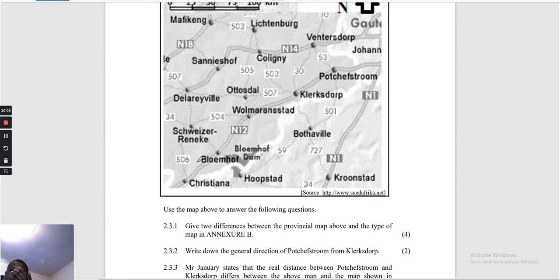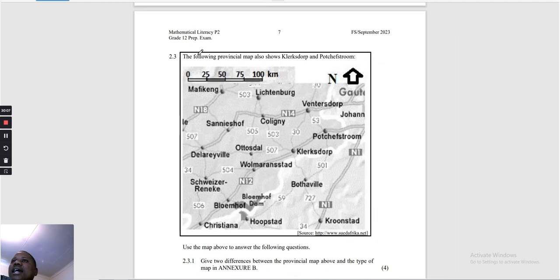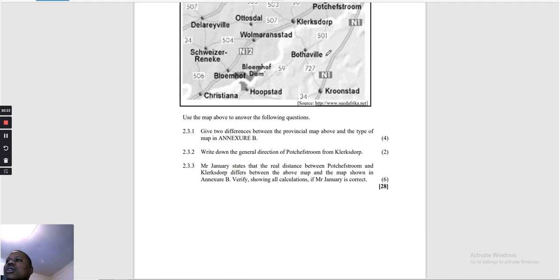Okay, 2.3. In 2.3 they are saying the following provincial map, this one is a provincial map, also shows Klerksdorp and Potchefstroom. So we are given the type of the scale there, and the direction is on top. Right, so what do they want?